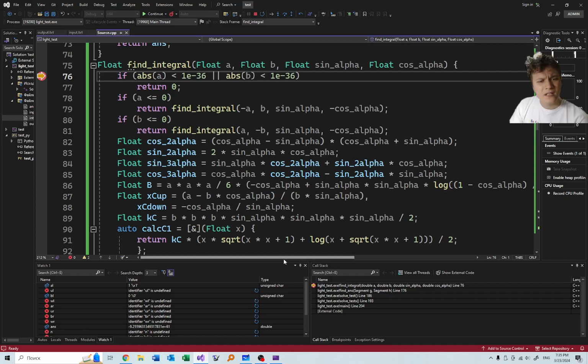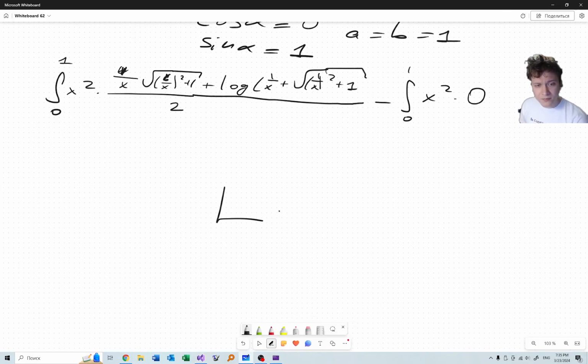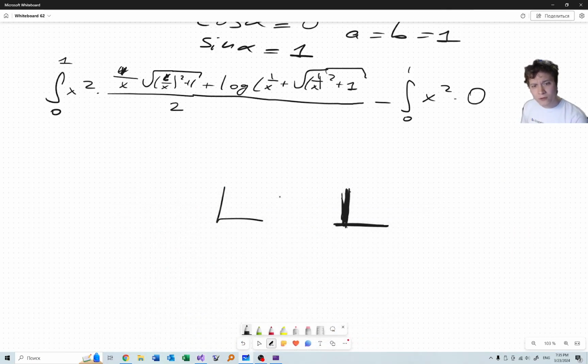Yeah, so I think we need to remember first what do we need to remember? We need to remember what the parameters are. So what does this function do? This function finds an integral, I believe, works with the following integral.